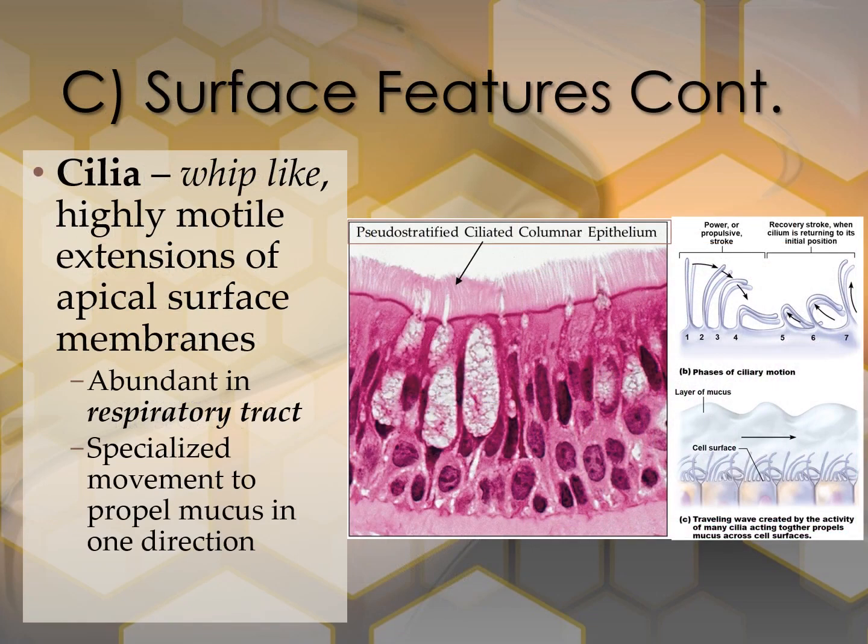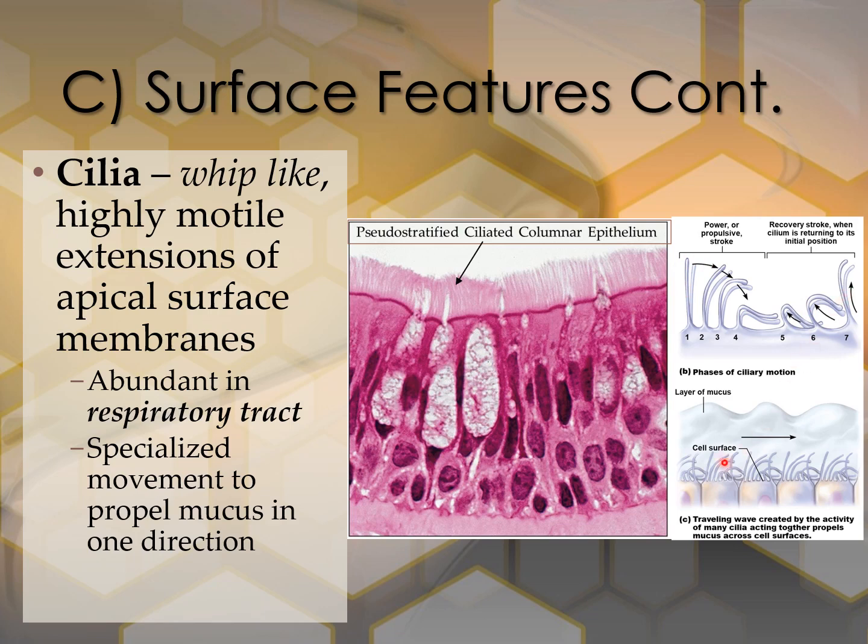So now I talked a bit about how cool the cilia is, and the cilia actually has its own movement. It has this whip-like, motile movement that essentially moves in one direction. We said it's very common in that pseudostratified columnar epithelium, which is found in the reproductive tract.